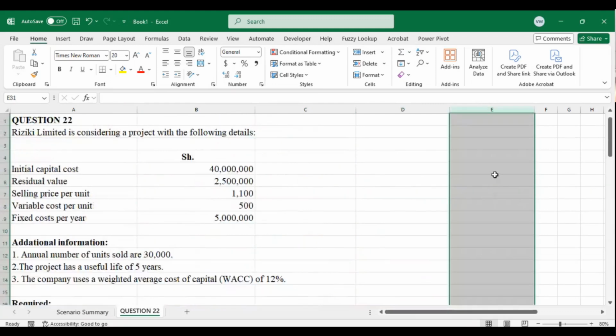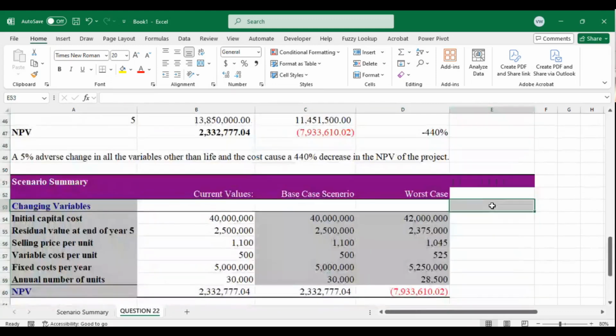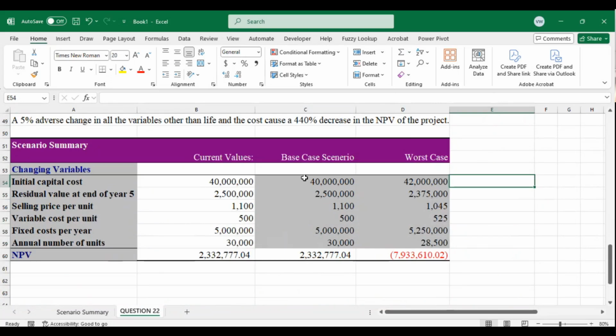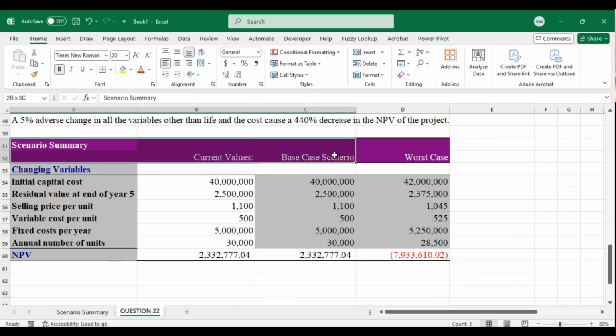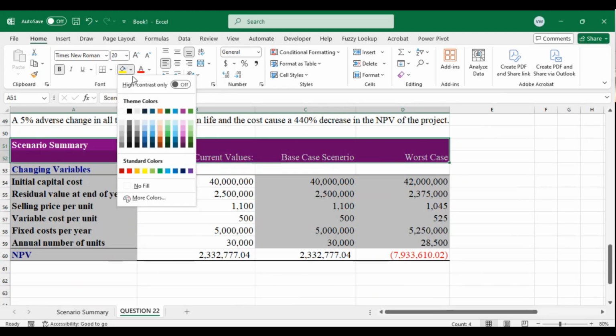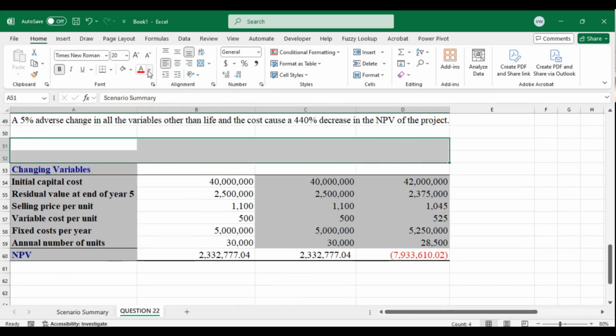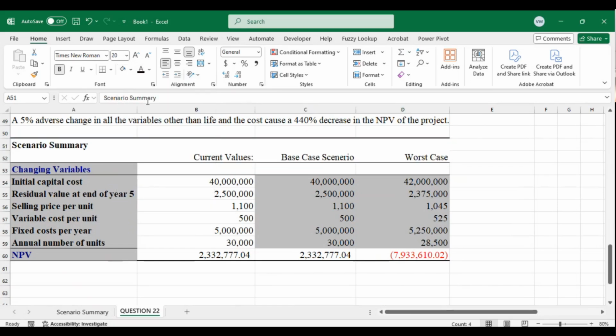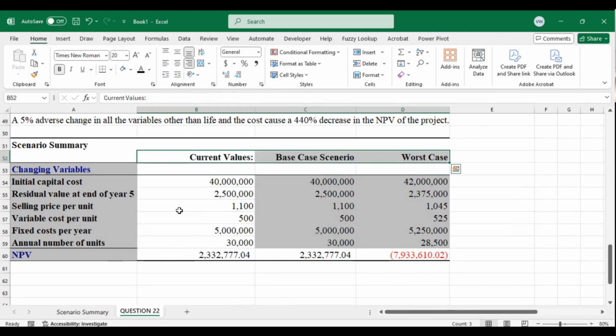Let me see if there is anything. Okay, there is something in this column, so what we can do is clear the formatting, clear all. So this is now our summary. I can make the background white, and we can make our text black. These are the current values and the best case.